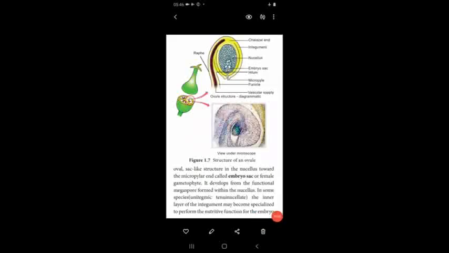Dear students, the basal region of the ovule where the integument, funiculus and micropylar region join together to form the region is called the chalaza end.